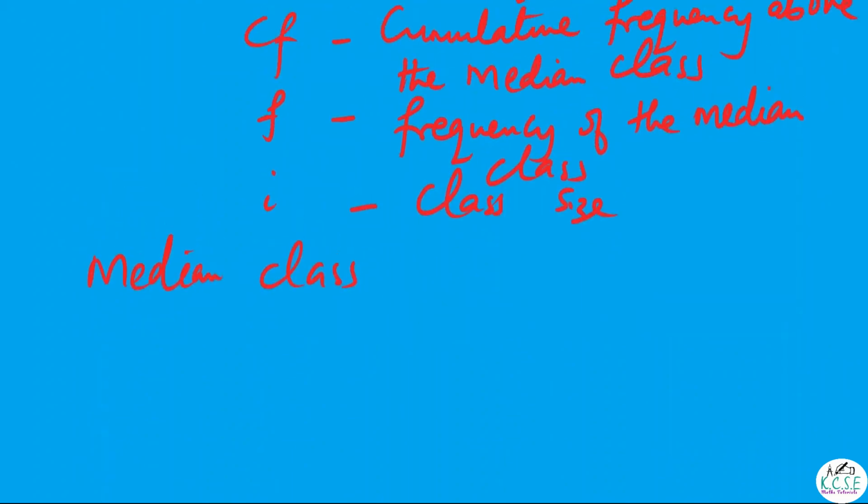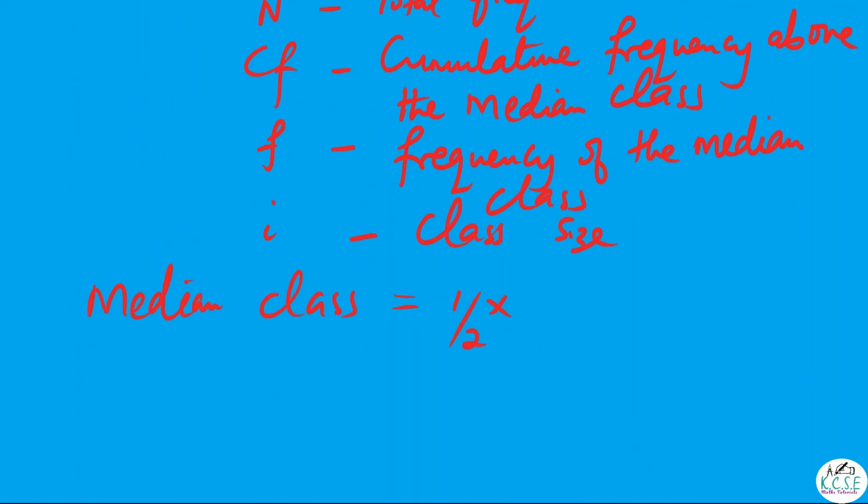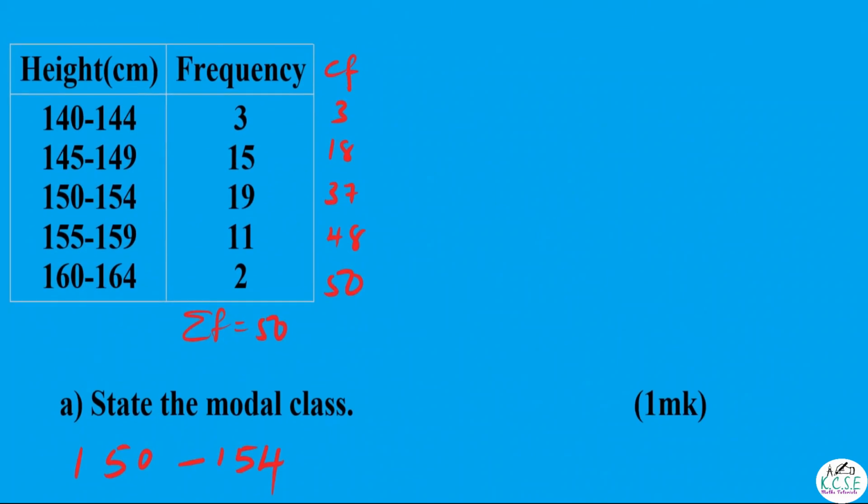So therefore the median class will be obtained by half the position. The position of the median class will be a half times 50. So this will be found in the 25th position. That is how we get the median class. Now we go to the table and identify the 25th position from the cumulative frequency column that we have just written here.